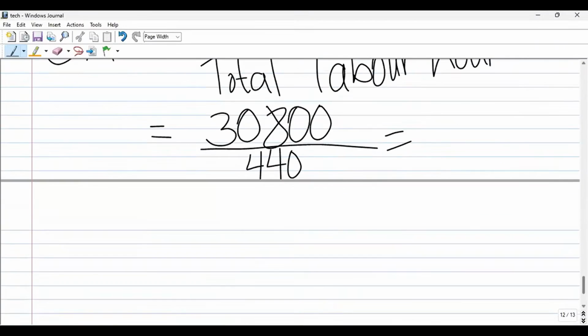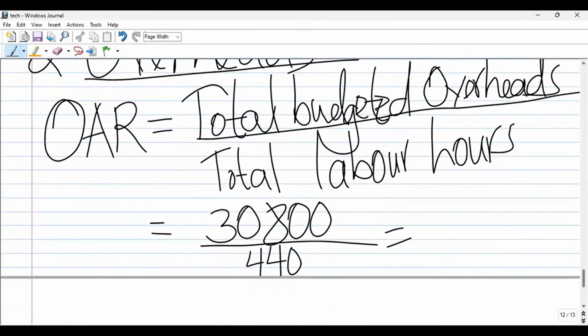Since we are taking the total overheads, even the labor hours, we take the total so that we can look for an overhead absorption rate. So we get 70 shillings per hour.